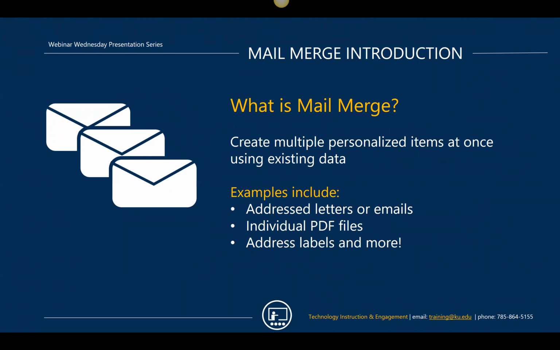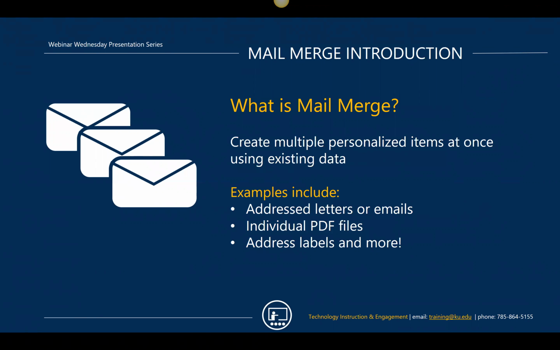All right, so with that, what is mail merge? It's a way to create multiple personalized items all at once within Word, and you can use existing data that you may already have within Excel. So this data could be lists of addresses that you have for vendors. It could be lists of past students or current students that you have in your programs. Examples of mail merge files could include things like personally addressed letters or emails to each one of those students or vendors.